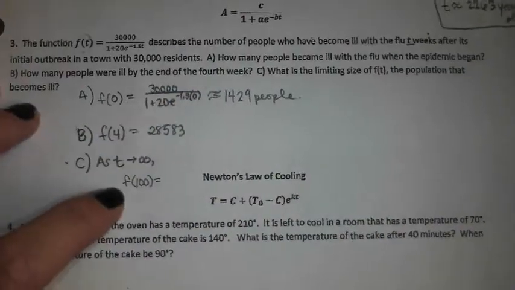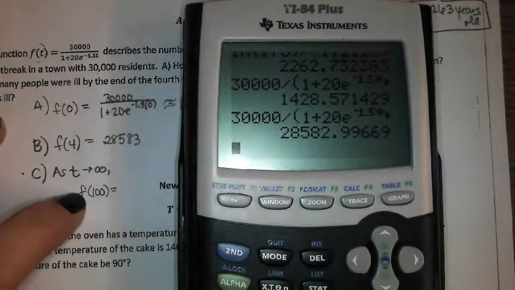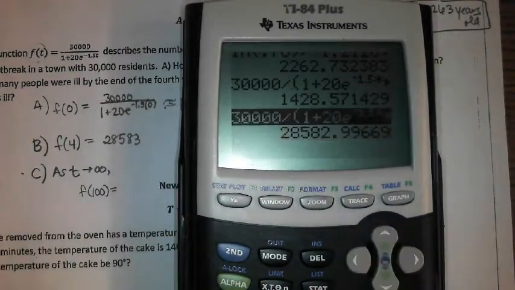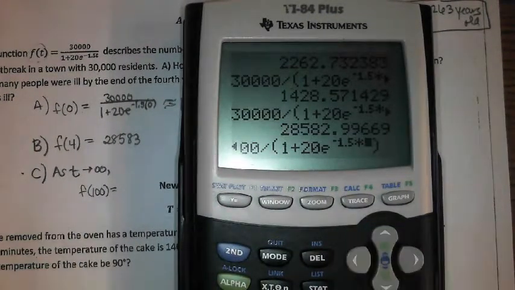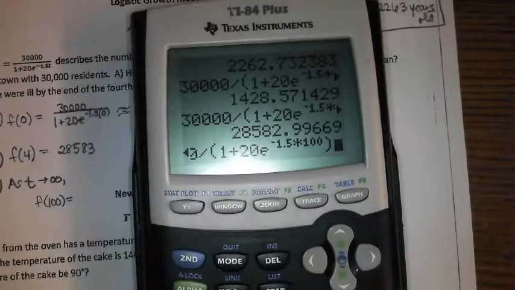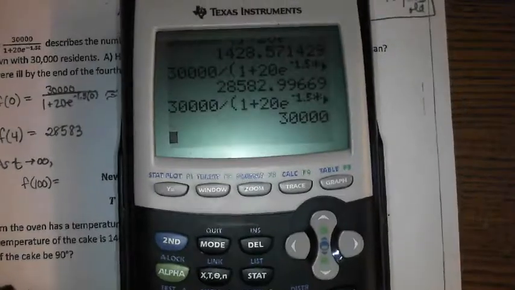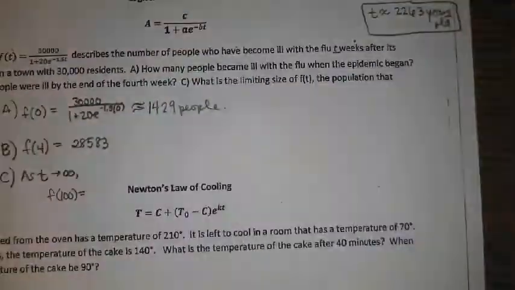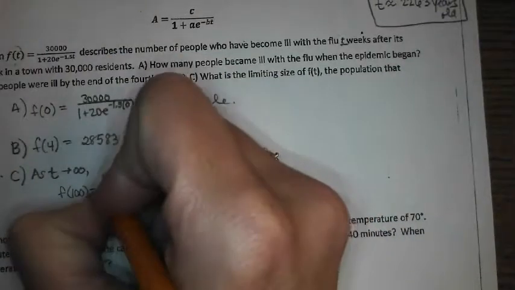That'd be almost 2 years after the fact. So if I do that and plug in 100 for my number of weeks, any ideas? Yeah, 30,000.